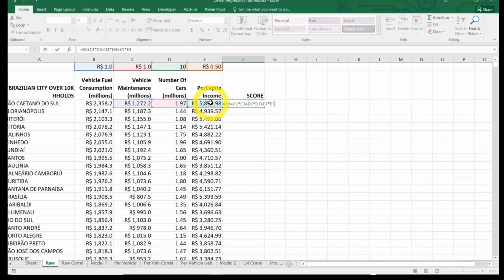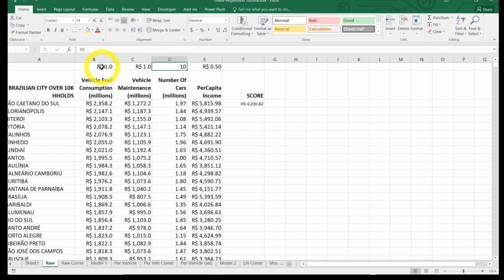That would give us our total score. If those were the weights, the intercept, the weight for vehicle maintenance, the weight for number of cars, the weight for per capita income, that would be our score.